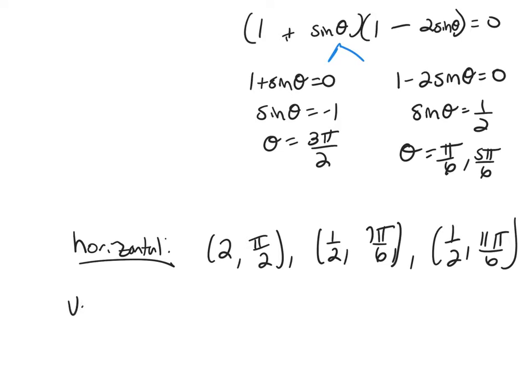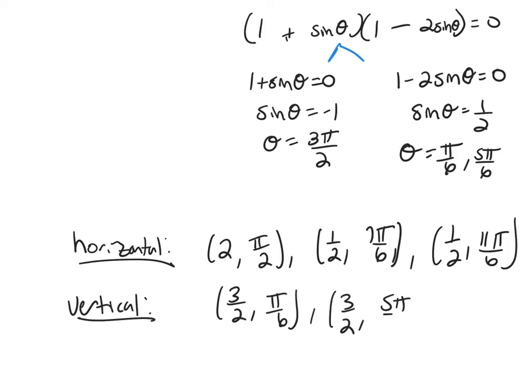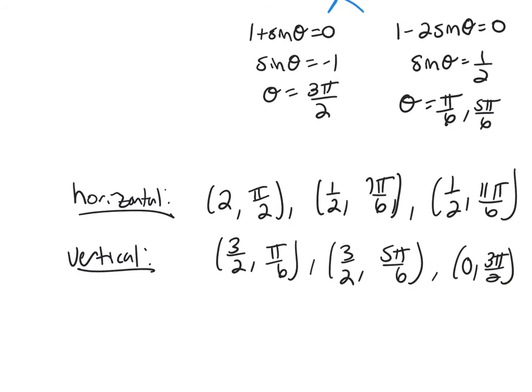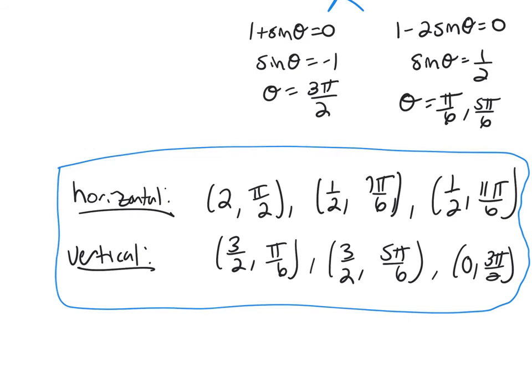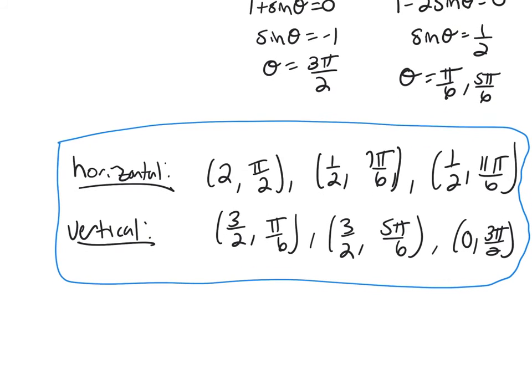And it has a vertical tangent line at (3/2, pi over 6), (3/2, 5 pi over 6), and (0, 3 pi over 2). So those are all the points where the graph has a horizontal tangent line and a vertical tangent line.